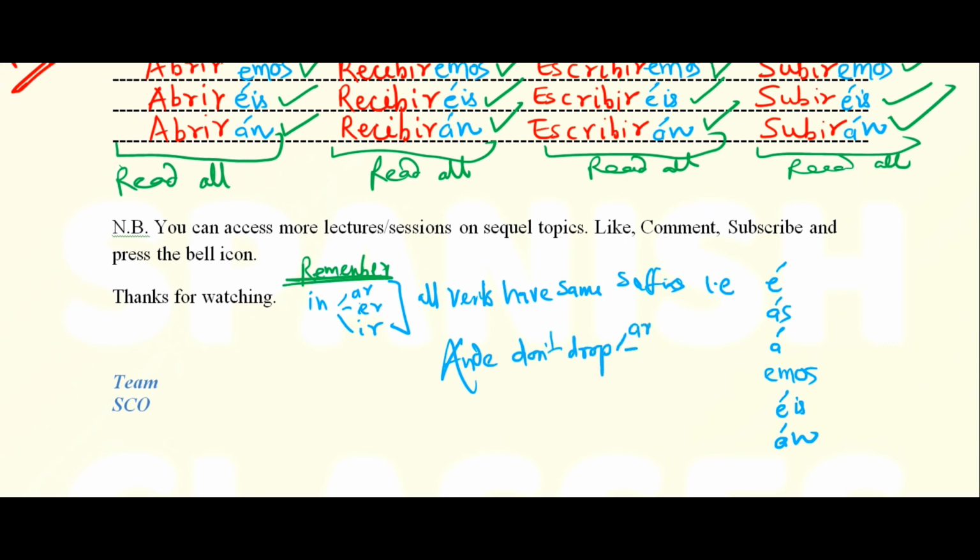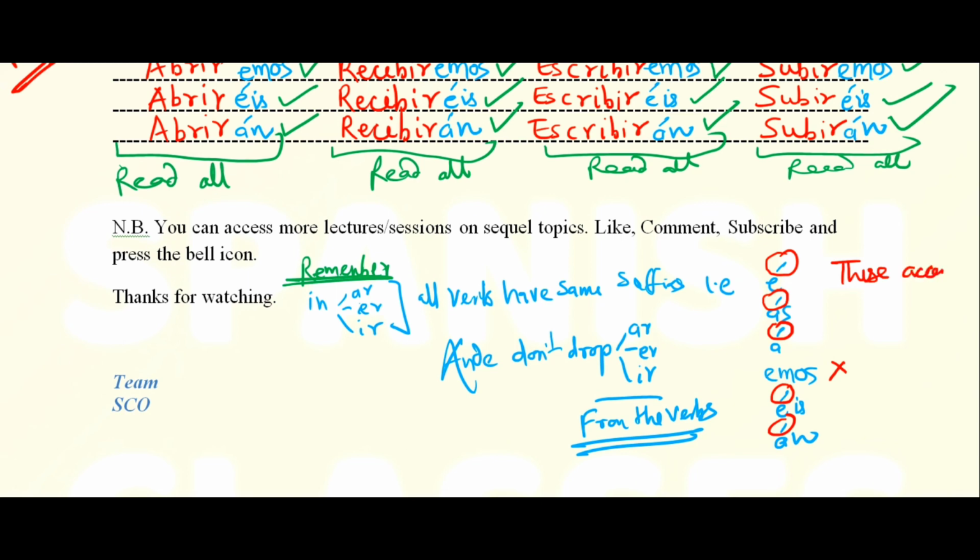Don't drop AR, ER, and IR from the verb. Okay, these are 2 points. An accent: you can see we don't have an accent in emos. Otherwise, we have a, as, a, the first 3 with accent, then without, again with accent. So accent is also important. So 3 points. Suffixes are common.